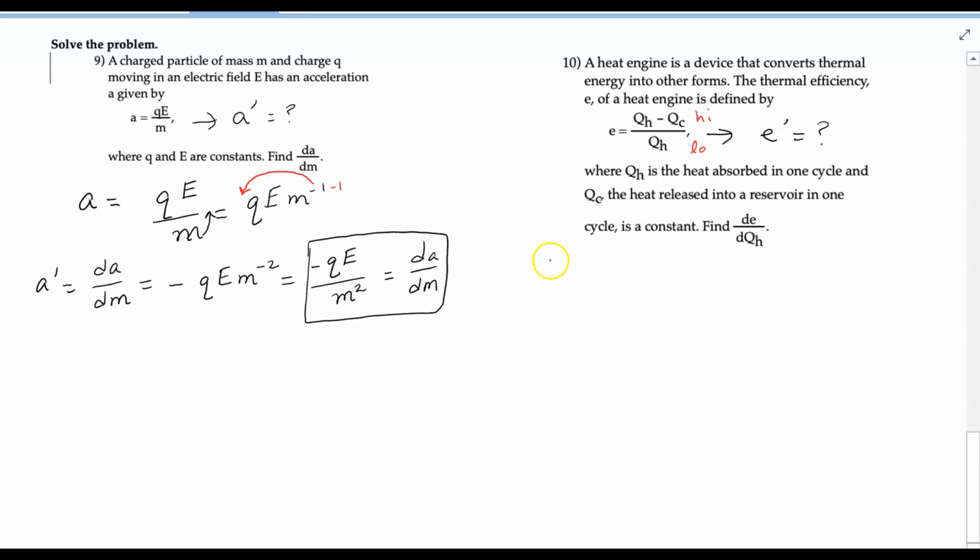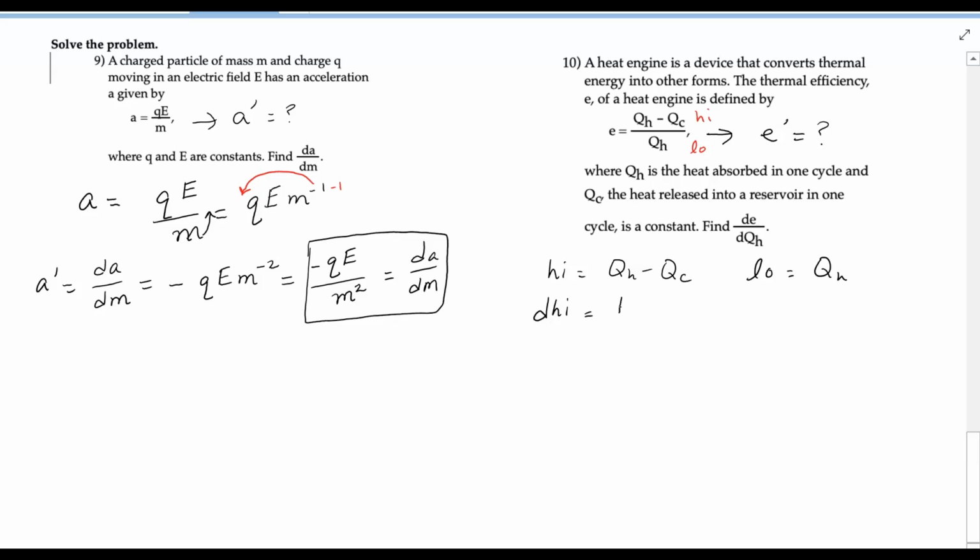So I've got my high, which is Q sub H minus Q sub C, and my low, which is Q sub H. Well then I'm just going to take the derivative. We're going to pretend that they're variables like x. So suppose this was x minus some constant, the derivative of x is just 1.